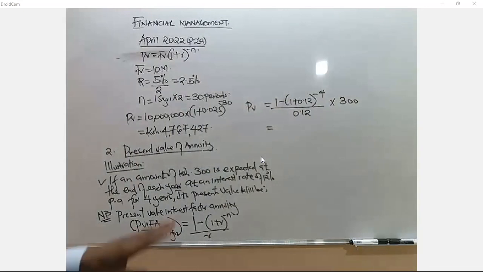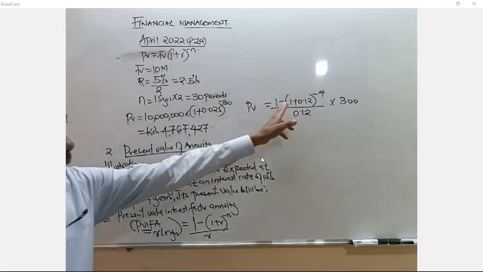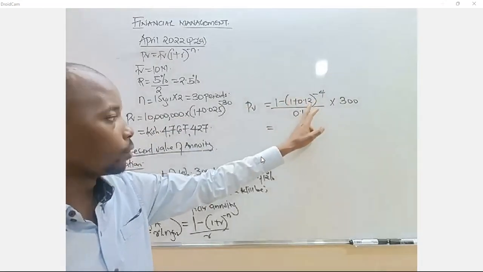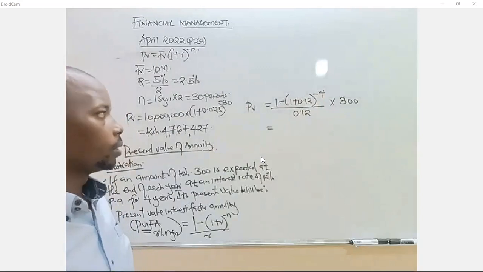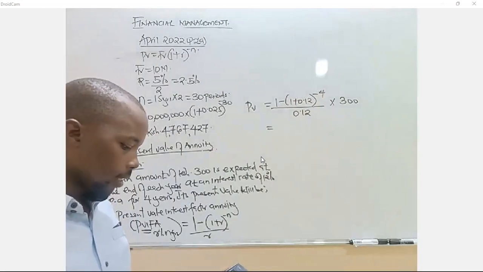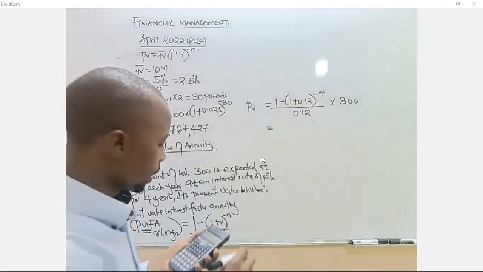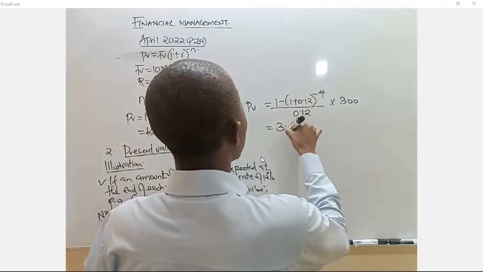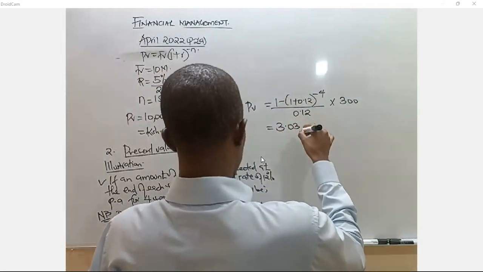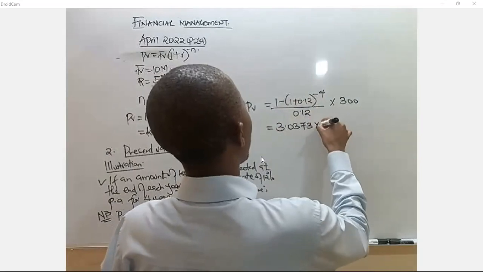If you do it using the formula, or using the table, because the other table down there resembles the annuity aspect. So it will be 1.12 raised to negative 4. Remember, I have started from the brackets: 1 plus 0.12, raised to negative 4. Then I take 1 minus the answer, then I divide it by 0.12. What I'm getting is 3.0373. We multiply it by 300.